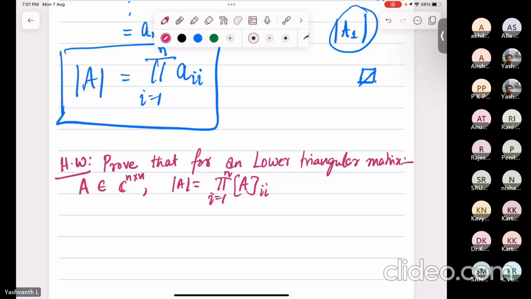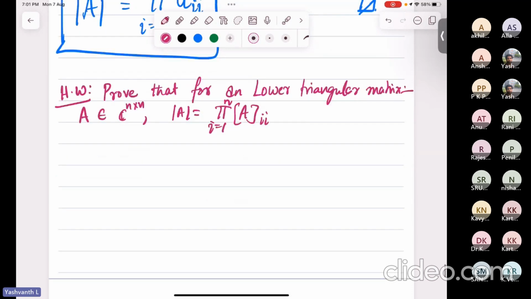Okay. Yeah, I see a question. The physical significance of the determinant of matrix A. It's a very good question. So I will give you a hint on what that is. You can go and explore more, but I will give you the hint.